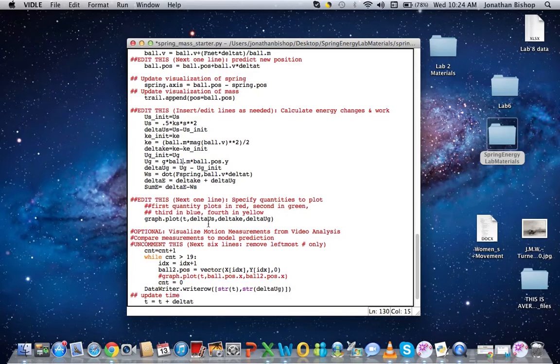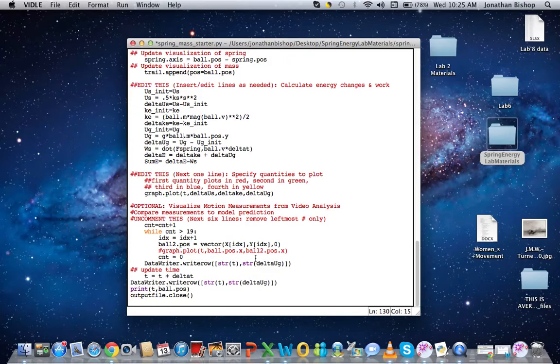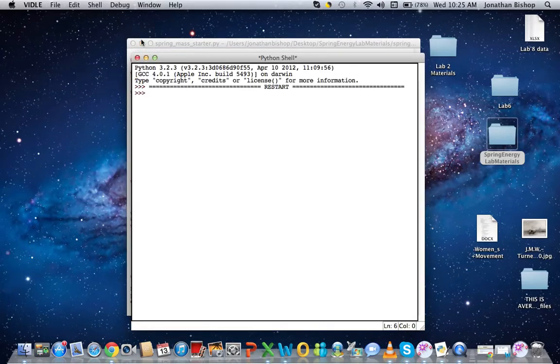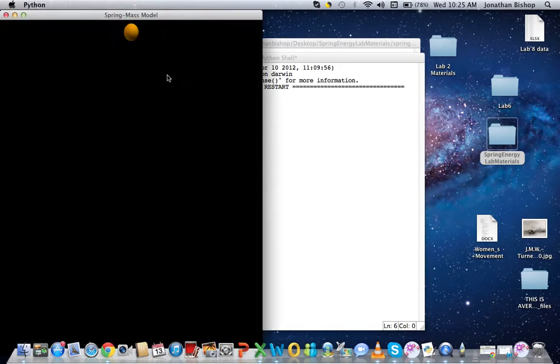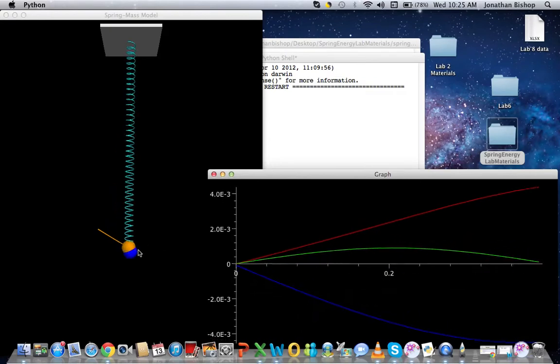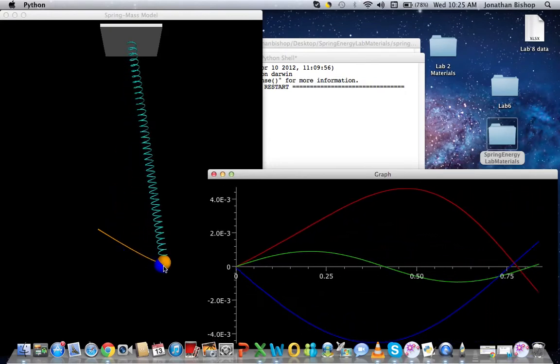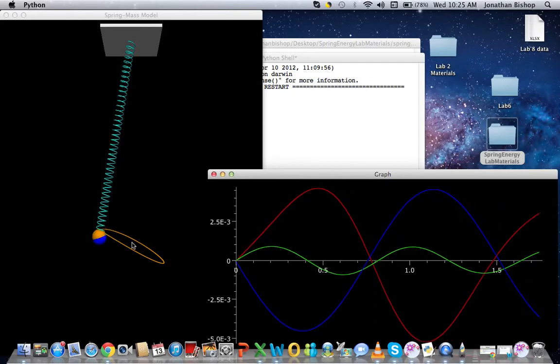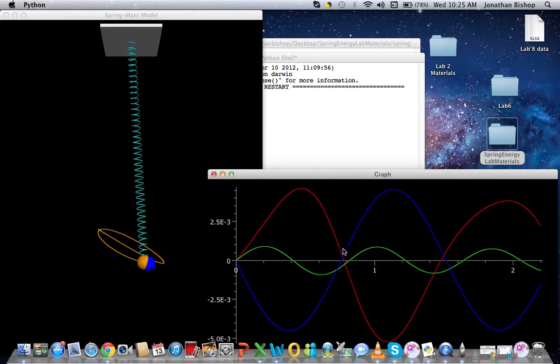In the plot, I'll be plotting all of the delta energies. And here's my model. The blue ball is the tracker video positions, and the yellow ball is the model positions.